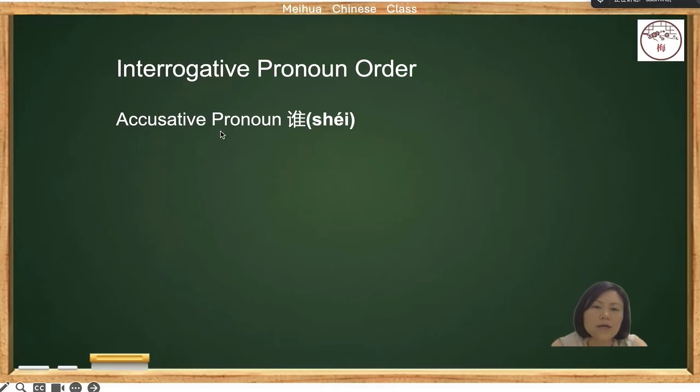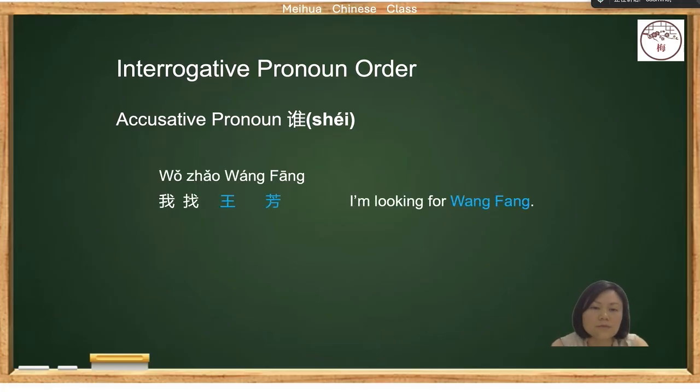This is in contrast to the nominative pronoun, right? Here's the example. 我找王帆. I look for, right? I look for Wang Fan. Wang Fan is the object in a sentence. In English, it means I'm looking for Wang Fan.